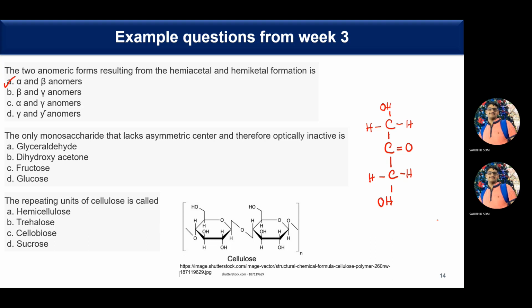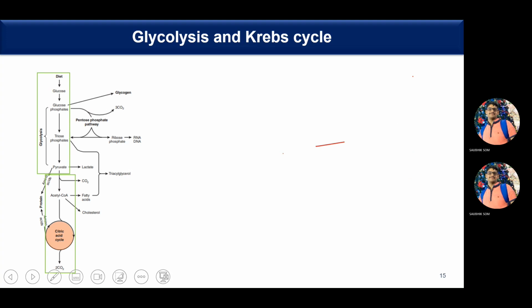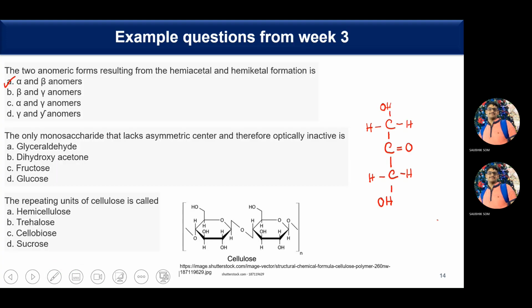If I write it in a simple formula, is this carbon chiral? This carbon? No, there are two H groups, so this cannot be chiral. This also cannot be chiral. So none of these carbons has a chiral center. So remember always, for a carbon to be chiral, this carbon should always have three different R groups: R1, R2, R3.